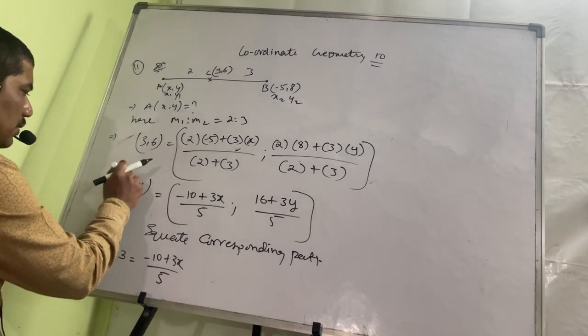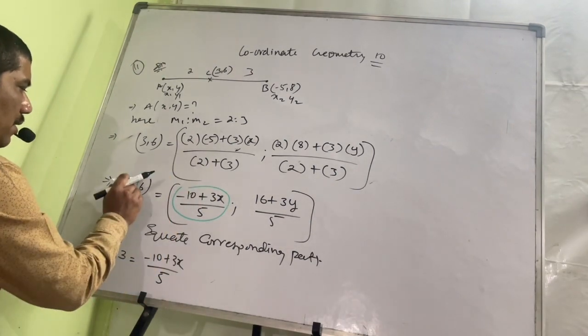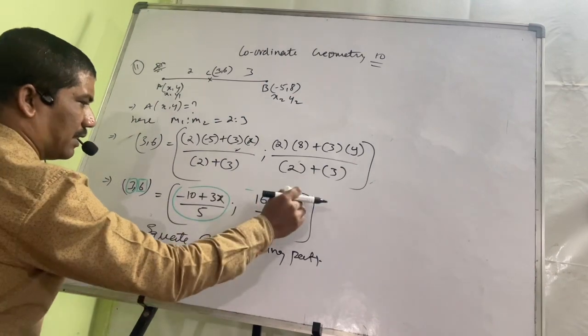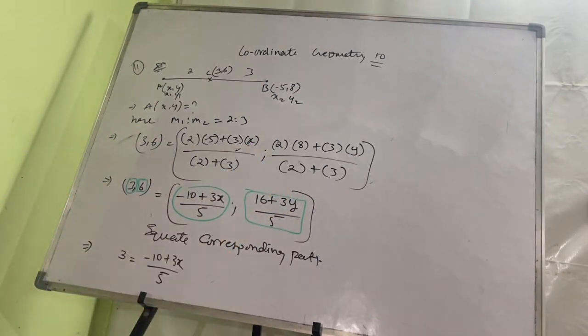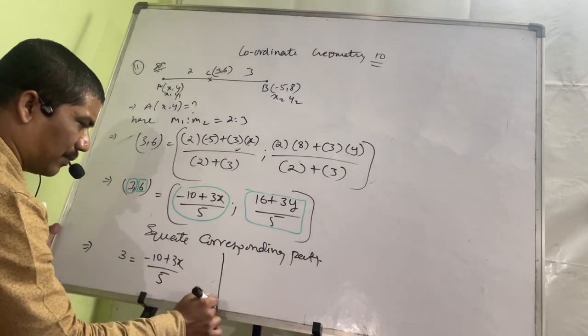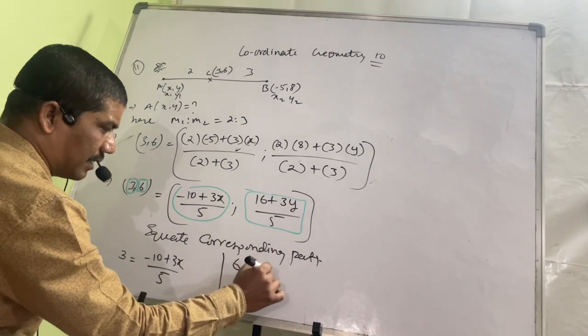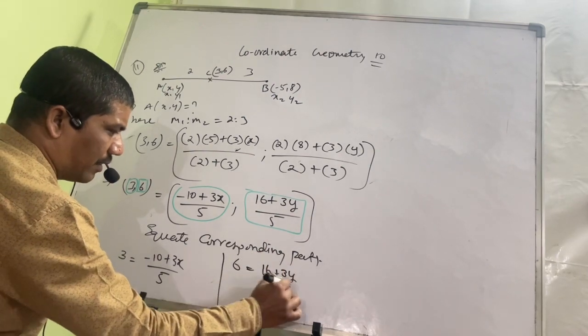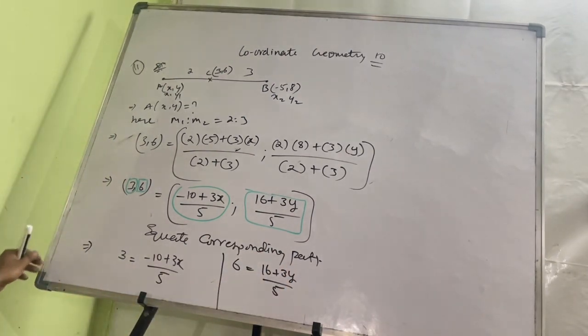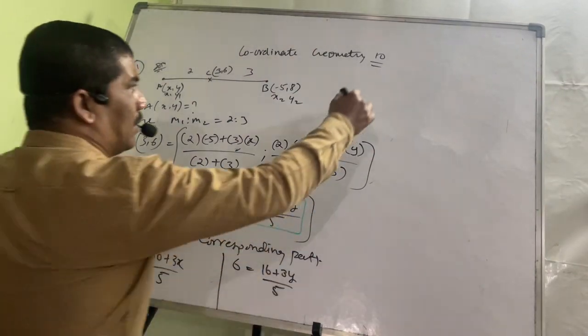The x coordinate you equate with the x coordinate, the y coordinate you equate with the y coordinate. Getting the idea? So I'm equating x with x. Here I'm doing y. What is y here? 6. Here, 16 plus 3y by 5. Clear?